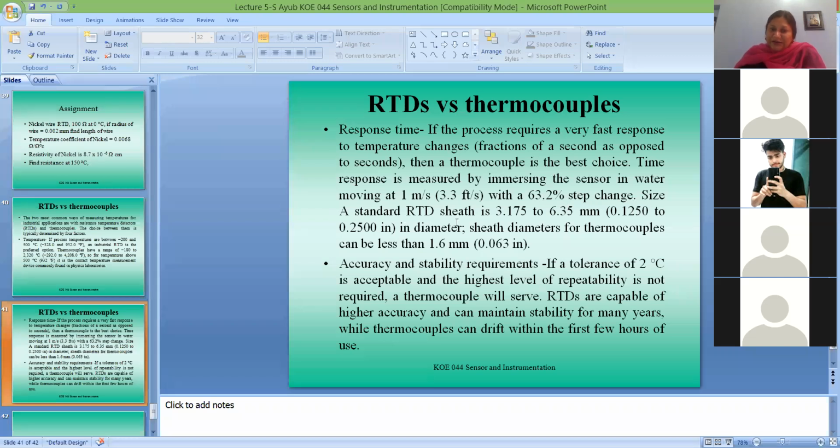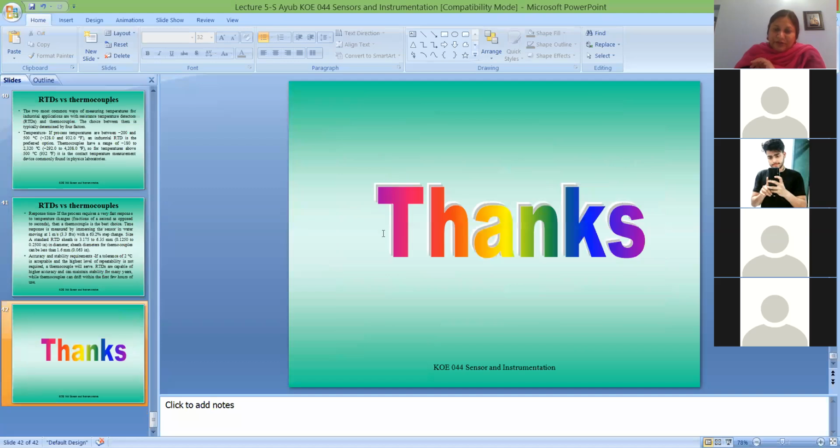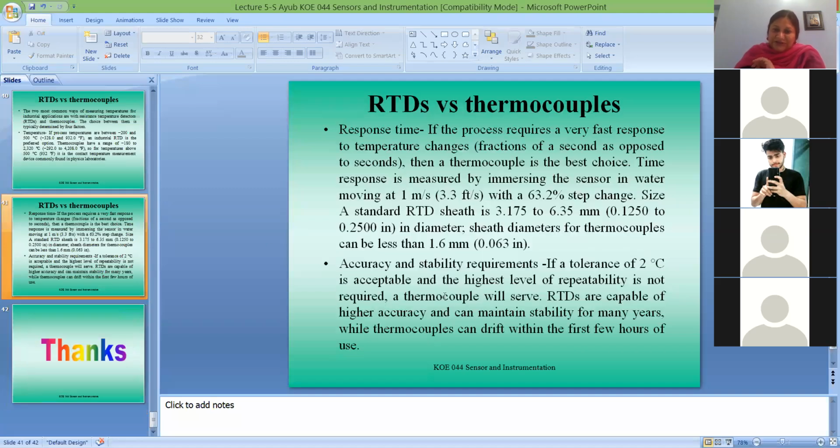Size. A standard RTD sheet is 3.175 to 6.35 mm in diameter. Sheet diameters for thermocouples can be less than 1.6 millimeters. And accuracy and stability requirement is another parameter to select RTD or thermocouple. If a tolerance of 2 degrees Celsius is acceptable and highest level of repeatability is not required, then thermocouple will serve the purpose.